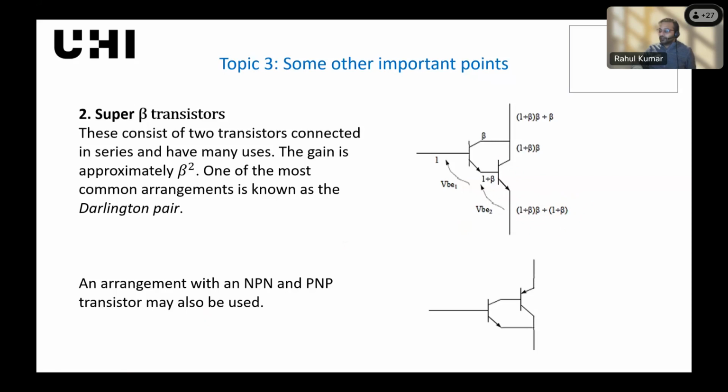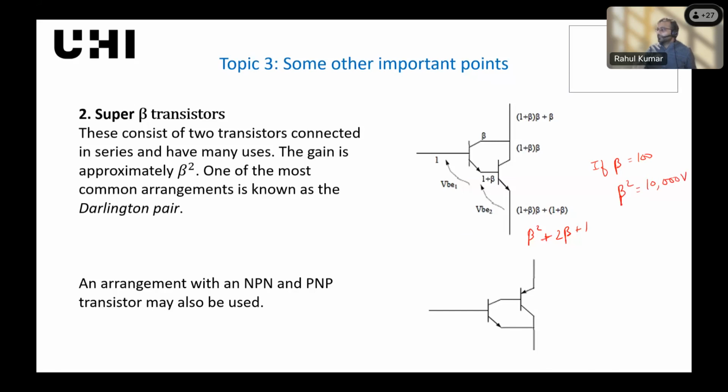Right? This will be your output. If I quickly try to simplify it, it will be beta squared plus 2 beta plus 1. Now, for example, if we say beta is 100, so beta square will be 10,000.